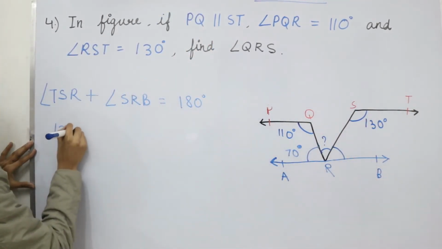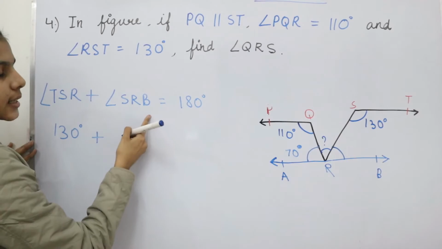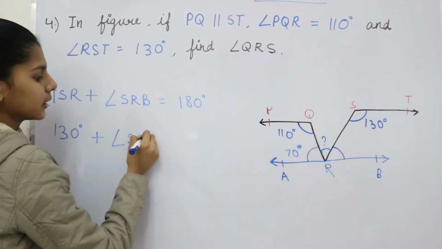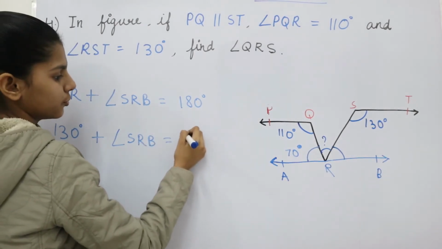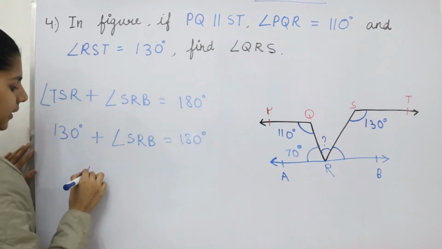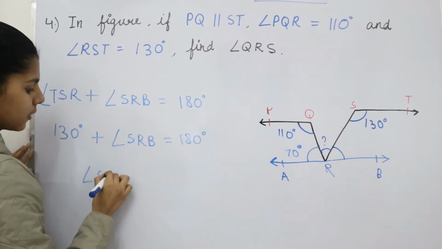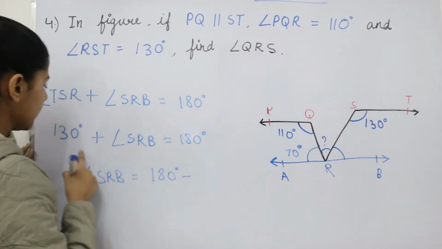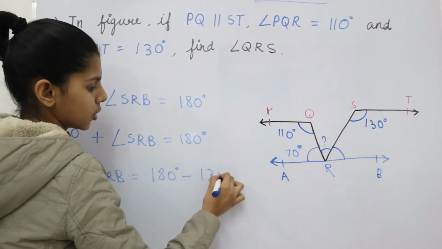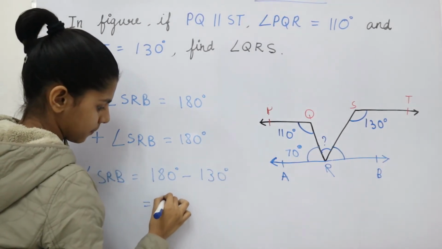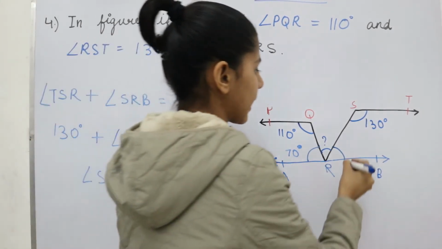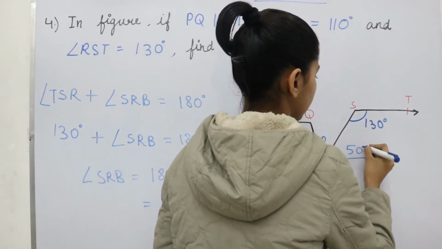So we write 130 degree plus SRB, this angle we have to calculate, is equal to 180 degree. So angle SRB will be 180 degree minus 130 degree, so it will be 50 degree. Angle SRB is 50 degree.